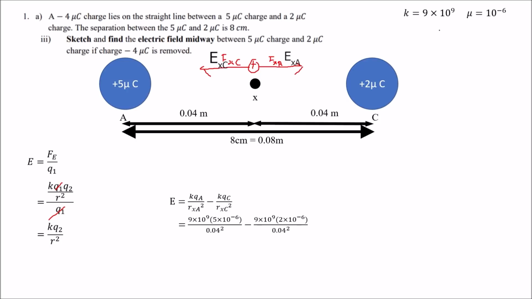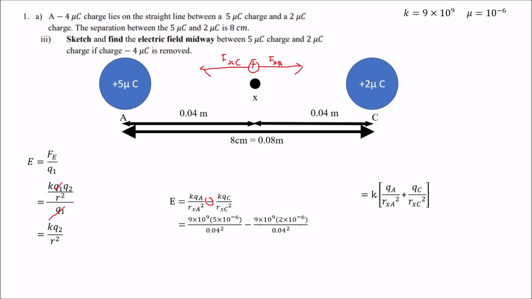k will be 9 times 10 to the 9, which is the constant, and then 5 times 10 to the -6 will be the microcoulomb. So we don't have to put in the sign over here, because we are now only calculating the magnitude, where the direction we determine by putting the negative sign ourselves, so it will be clearer for us.